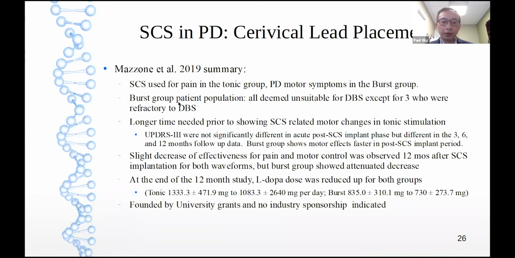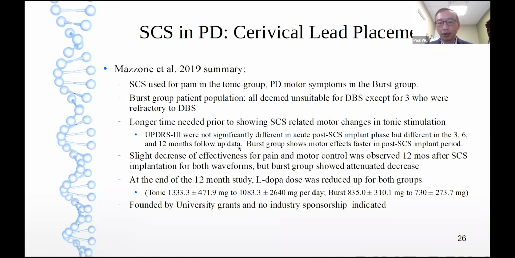The burst group patient population had 3 deep brain stimulators. These patients had failed deep brain stimulation, and therefore spinal cord stimulation was used as salvage therapy. They found that a longer time is needed prior to showing spinal cord stimulation changes related to motor symptoms in tonic stimulation.